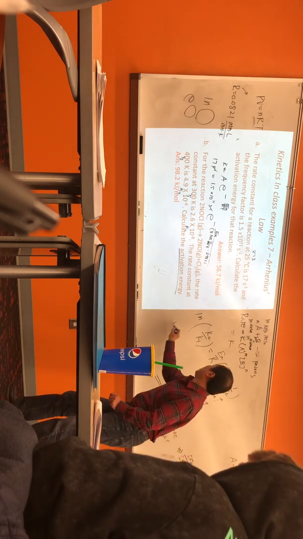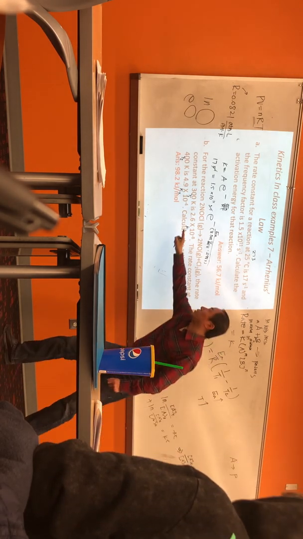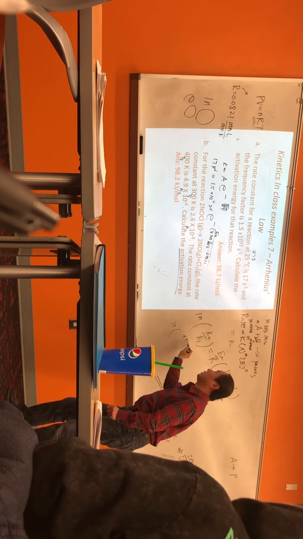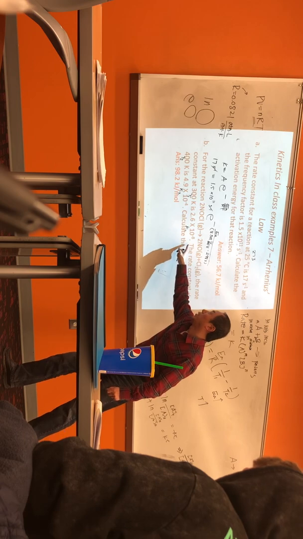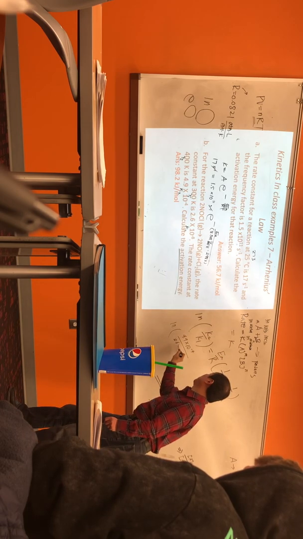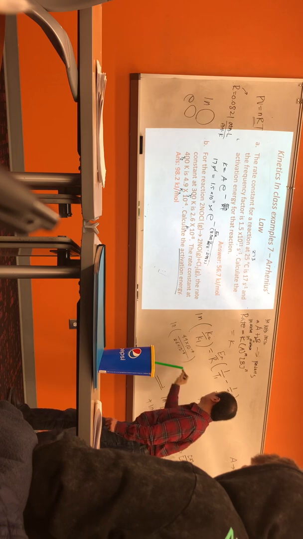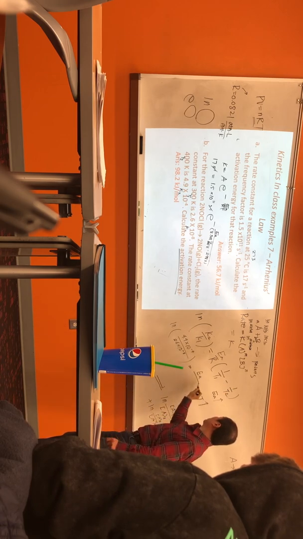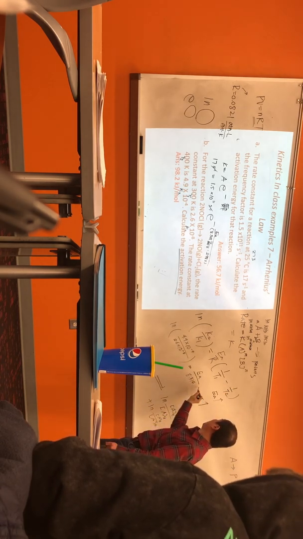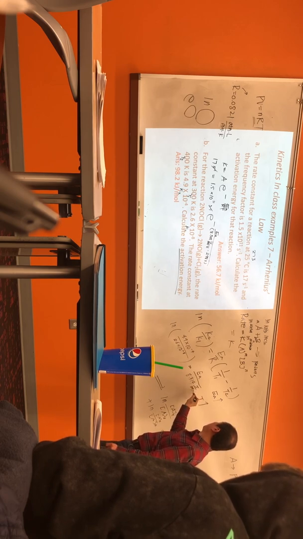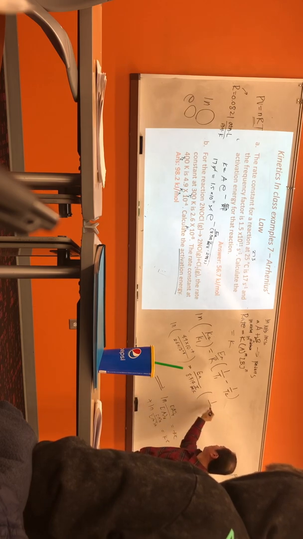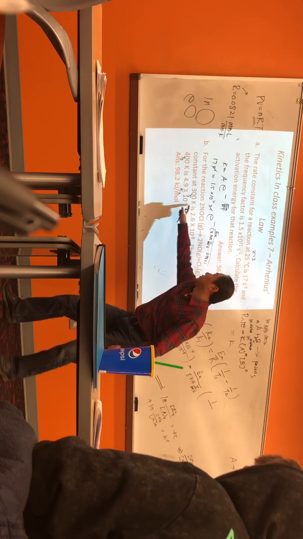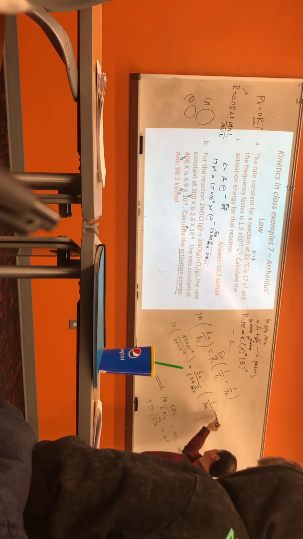So ln of k2 over k1: k2 is 4.9 times 10 to the minus 4, and k1 is this number, 2.6 times 10 to the minus 8. Activation energy, the gas constant is 8.314 joule per mole per K. And I have 1 over the first temperature, which is 300 Kelvin, and the second temperature is 400 Kelvin.